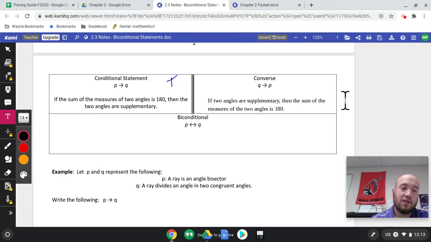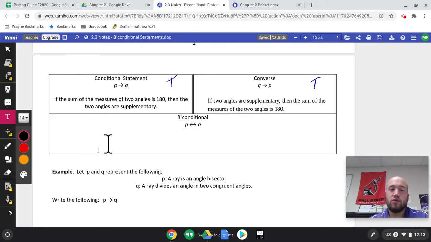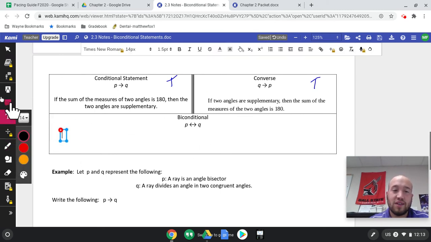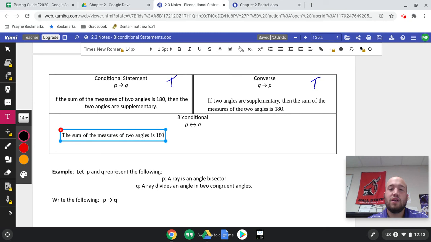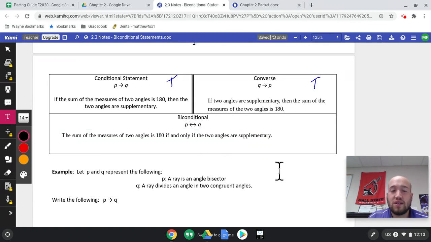Once again, that's going to be a true statement. Once we have two true statements, now we can write our biconditional statement. I don't start with if. The sum of the measures of two angles is 180 if and only if the two angles are supplementary. And that would be our biconditional statement.